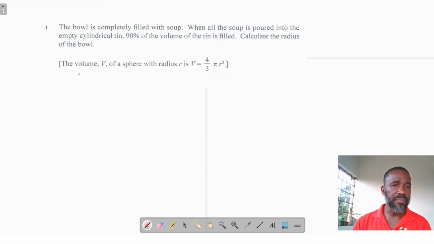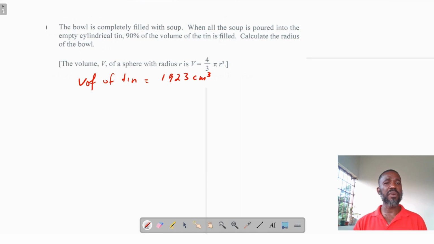But we remember the volume of the tin was equal to 1923 cubic centimeters. That's what we had from the previous question. If it only fills it up to 90%, we now need to find 90% of 1923.